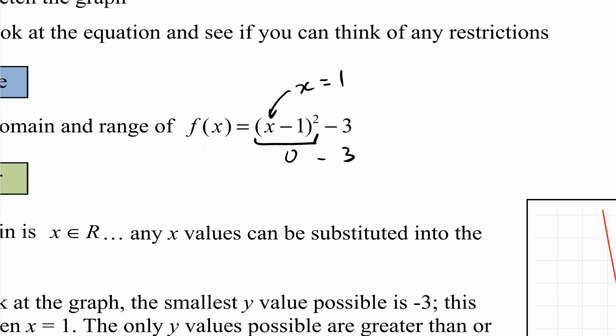And so the lowest that f of x could be is negative 3. Any other x values that I substitute in there, you're going to get an f of x value that's greater than negative 3. Try 2 in there, try 3, try 4. Any different, bigger x values are going to give you bigger f of x values. So just by looking at the equation, you can also work out what the range could be, but I think looking at the graph is the easiest.